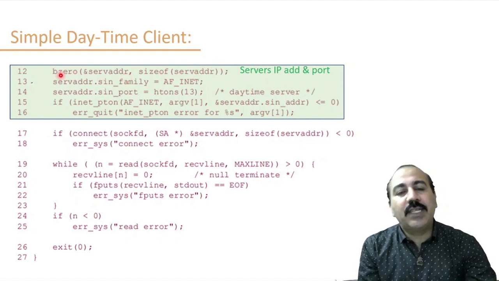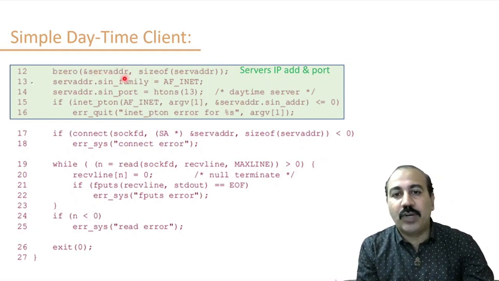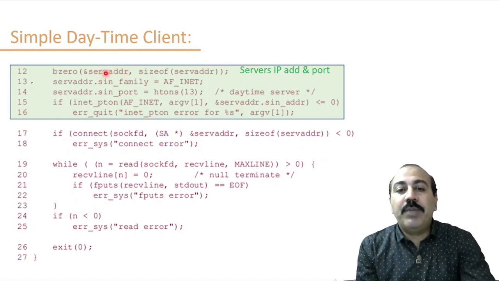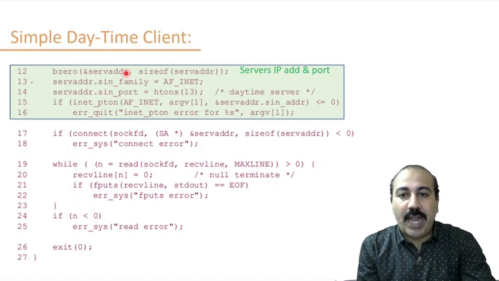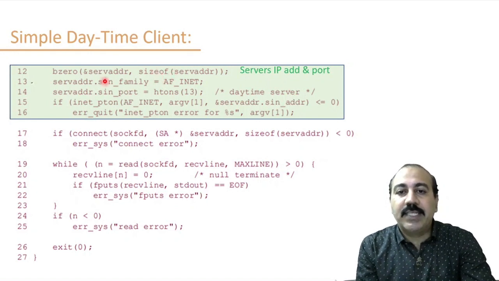It is a function that is used to assign all zeros to this structure variable. Whatever members this structure has, all those members will be initialized to zeros. And how many zeros depends on the size of that particular structure. So for this particular variable, all the members of this structure will be initialized to 0. So that is the function bzero.